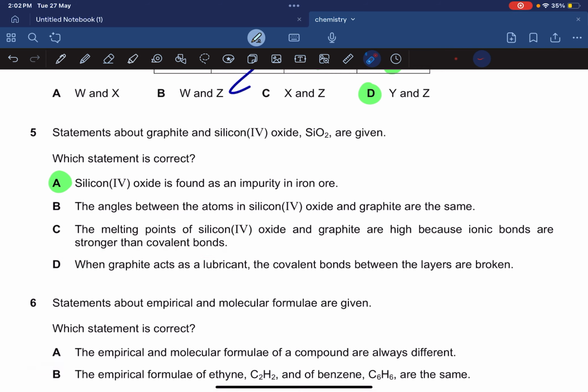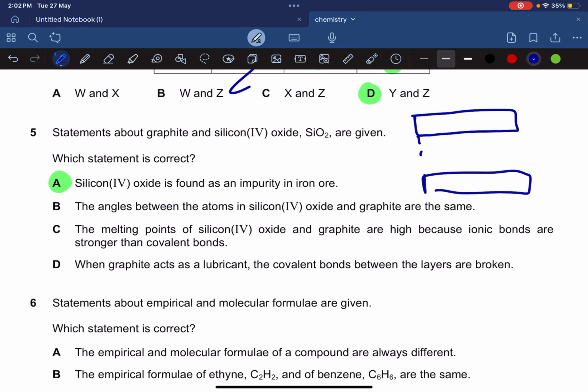When graphite acts as a lubricant, the covalent bonds between layers are broken. That's extremely incorrect. This is one layer of graphite, this is another layer of graphite. Between the layers of graphite, you have your intermolecular forces of attraction, your weak IMF. When you are making the layers slip over each other, you're not breaking the bonds.